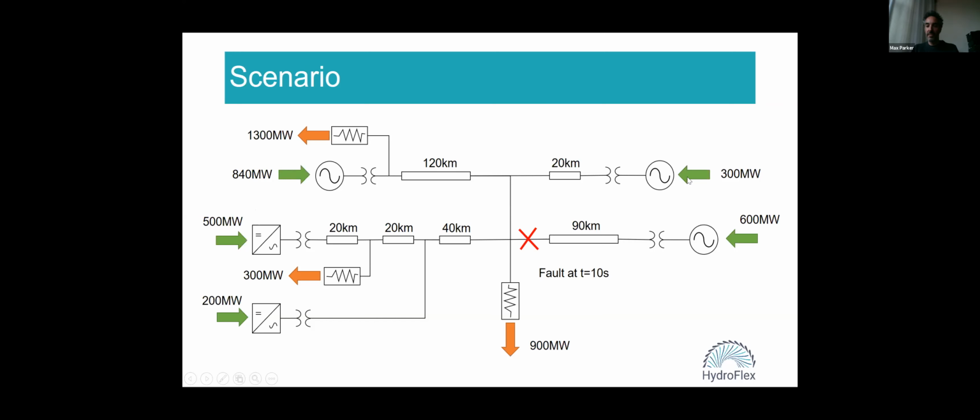Fixed speed hydro plant is about 75%. This thing's running at full power, and this thing's a little bit of about 56%. Within this system, you get a fault at 10 seconds that cuts off this plant here, and then we will see the response of everything.